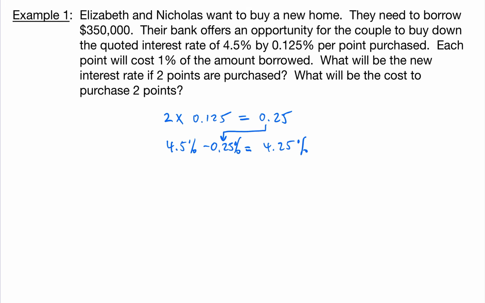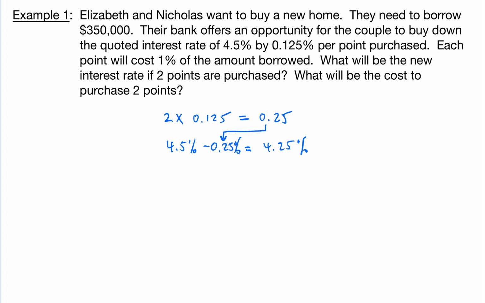And then the next question is, what will be the cost to purchase 2 points? Well, we know that each point purchased will cost 1% of the amount borrowed. Okay, it says it right here.